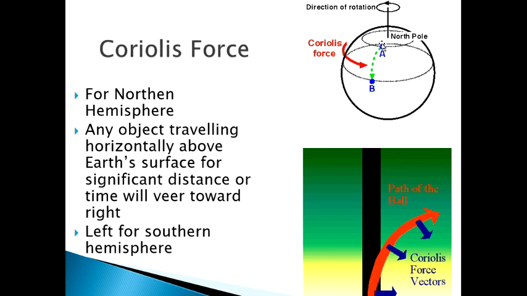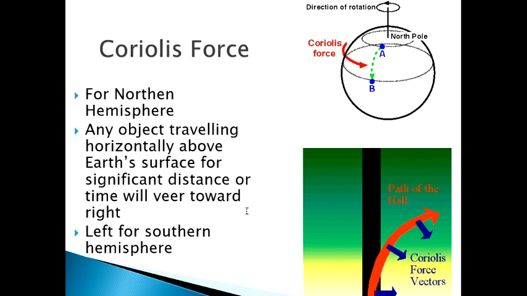If an airplane flies due south from point A to point B, the Earth moves under it so that the Coriolis force makes the path of the airplane curve to the right. The water does this as well.